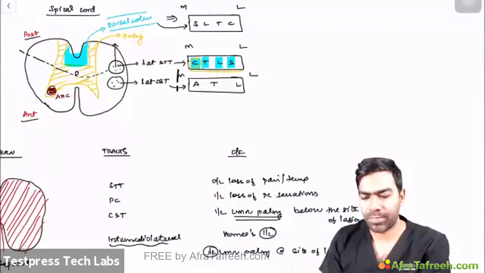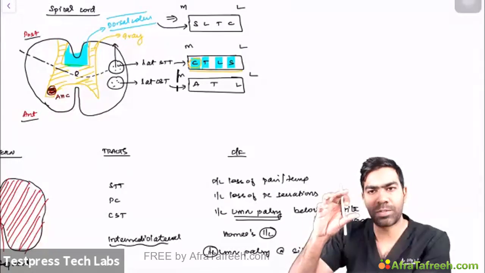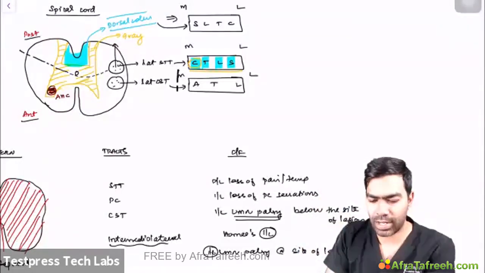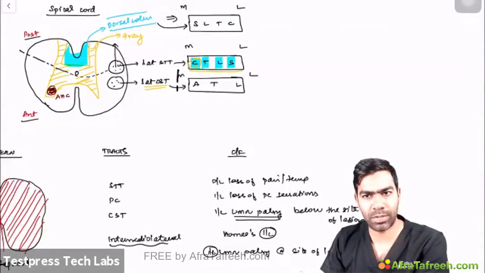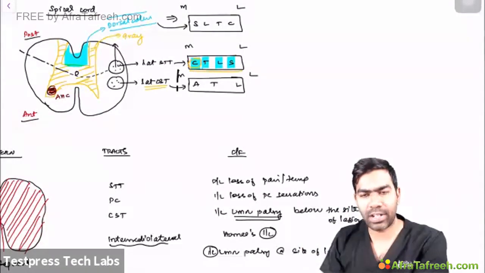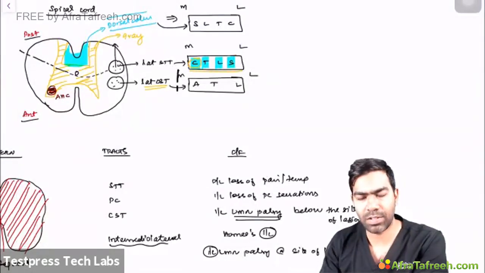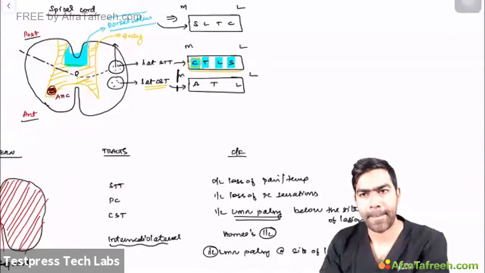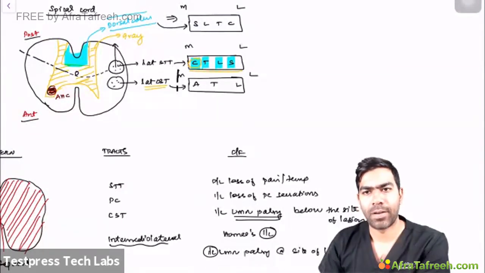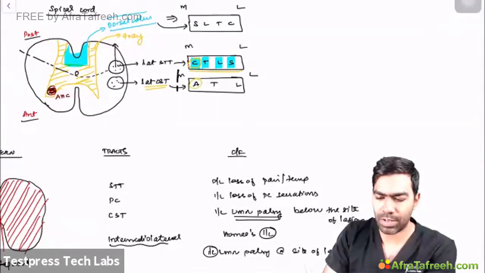Similarly, if the central canal keeps on expanding, at one point it can start affecting the corticospinal tract fibers also. If they start affecting the corticospinal tract fibers, which fibers will be affected first? Arm fibers or leg fibers? So arm fibers.